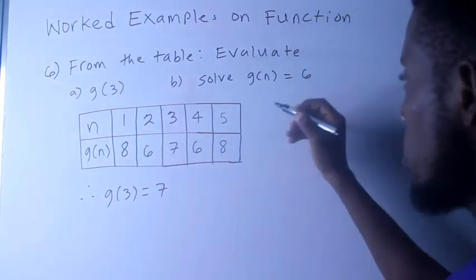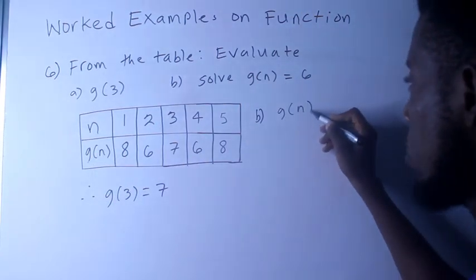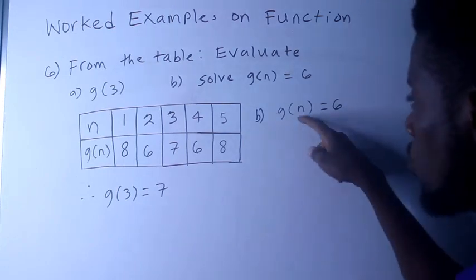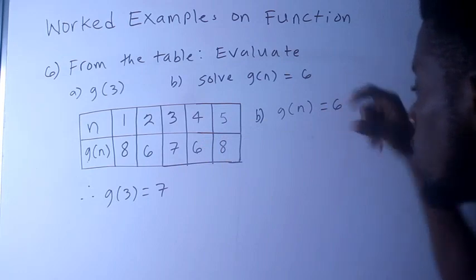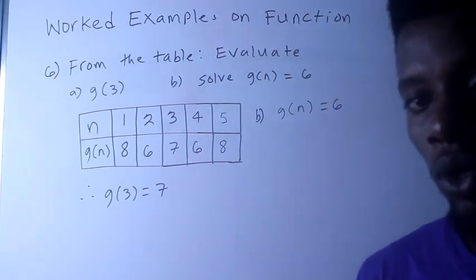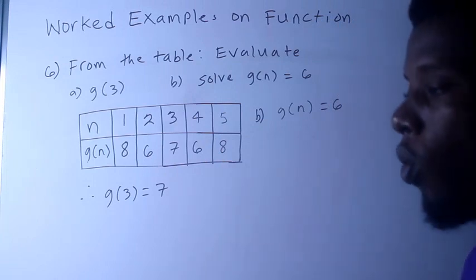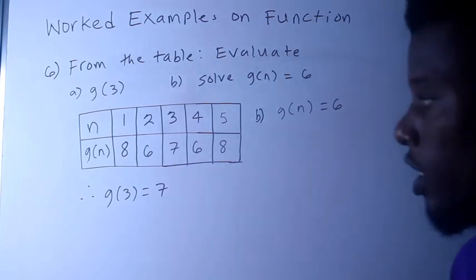Now the next question says that we should solve g of n equals 6. So this means that g of what number in this table gives us 6. And to answer that question, we look for the numbers n whose functional value g of n is 6.